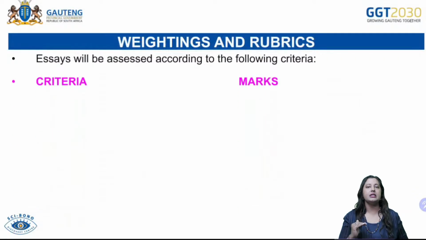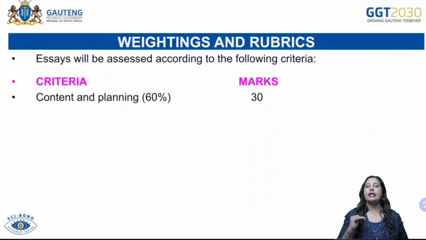The first criteria that you will see is basically your content and planning criteria, which is an average of 60% there, okay? That's 30 marks that is allocated to it. Can you ensure that the content is matching the topic you have chosen?